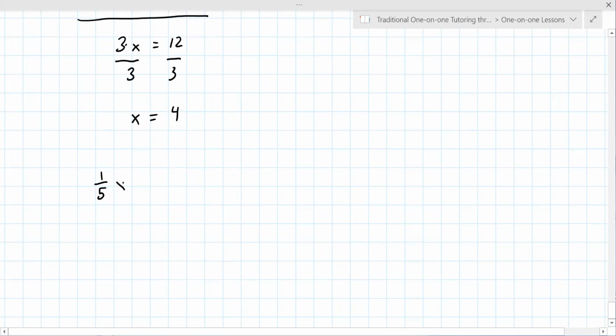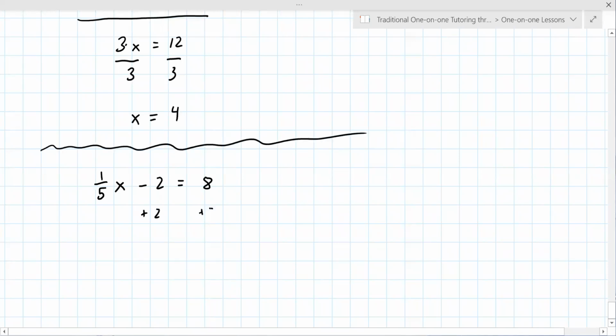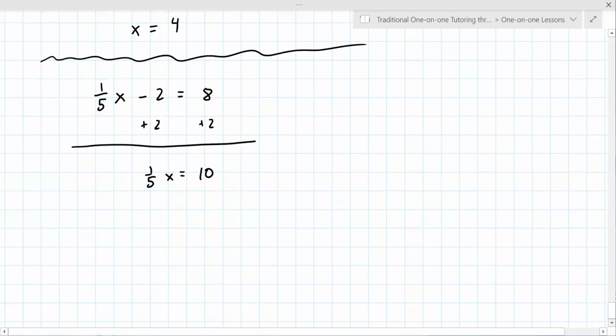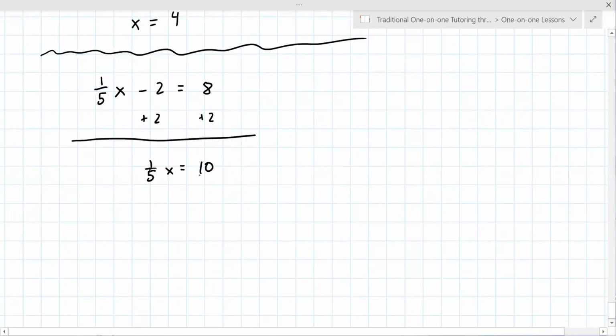Okay. So now let me give you one. 1/5 x minus 2 equals 8. You add 2 on each side, very good. And then you do 10, and then you divide by 5 on either side. Right? What's your final answer? 2.